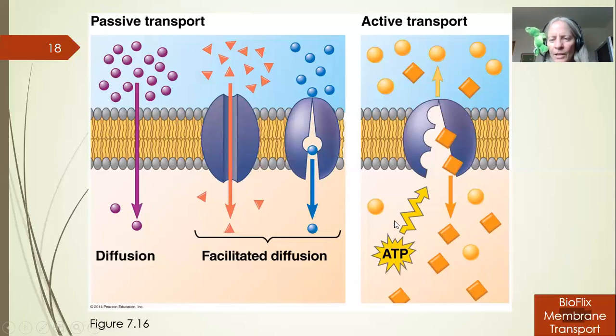In contrast, potassium ions, represented by these circles, are being transported from an area where they're in low concentration inside the cell to outside the cell. This is called the sodium and potassium pump, and it's very important in animal cells.